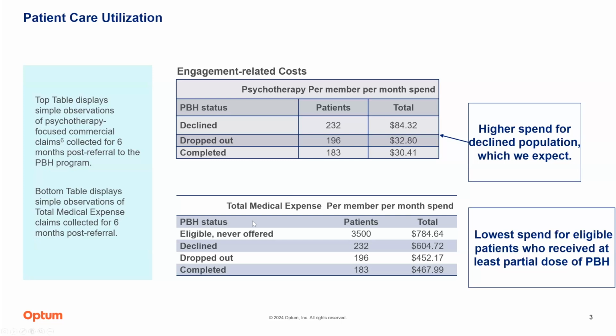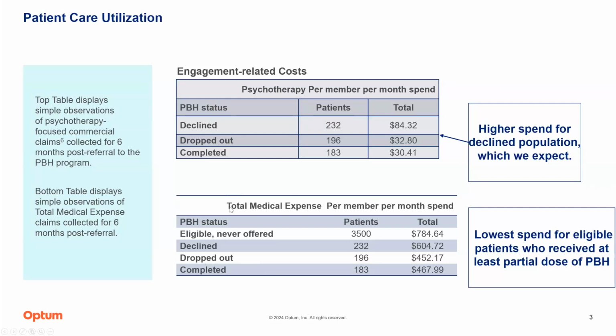Then we also looked at total medical expense. And here we pulled in another group because we wanted to have something that helped us to maybe avoid a little bit of the selection bias between looking at people who were offered our program and declined it or accepted it. So here we took a historical look at 3,500 patients who, according to Keke's flag, would have been eligible. But because the program wasn't up and running for them yet, were never offered care, versus those who were offered and declined, and then those two groups I talked about before who at least got some dose.